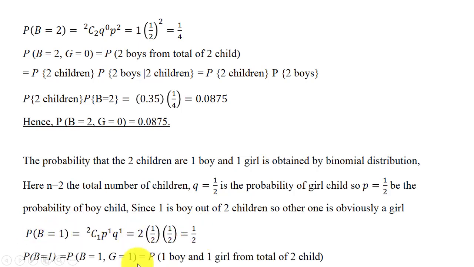That means P of B equal to 1 and G equal to 1, because among the 2 children, if one is a boy, then obviously the second is a girl. So there is no need to separately calculate P of G equal to 1. So P of B equal to 1, G equal to 1 is 1 by 2.